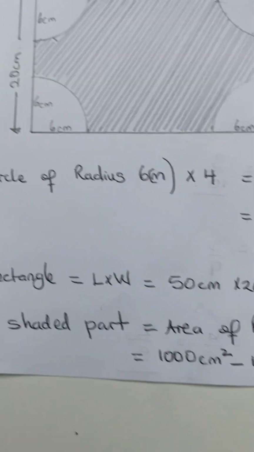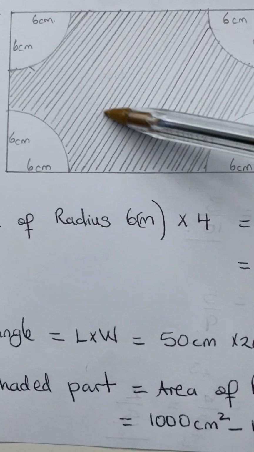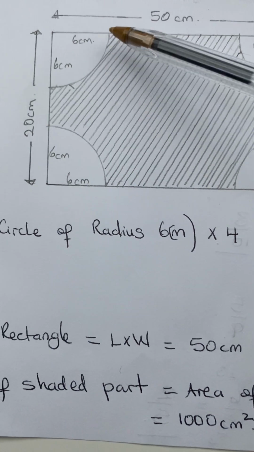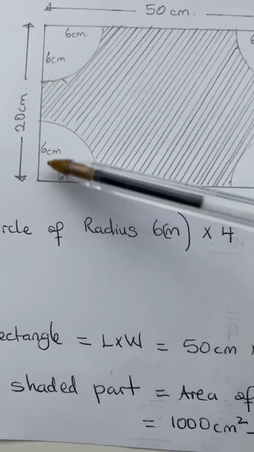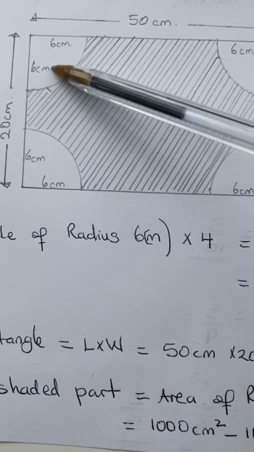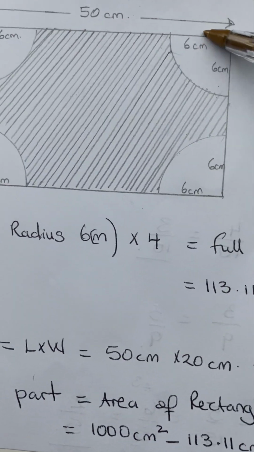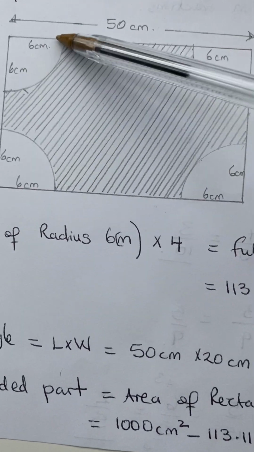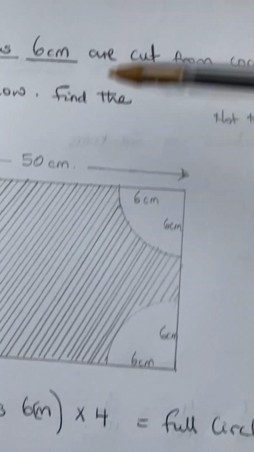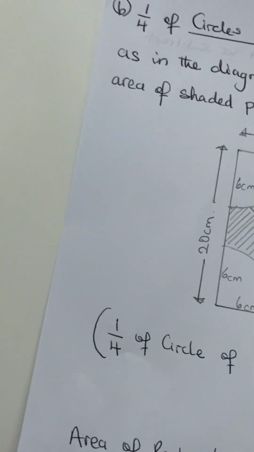Now, if I want the area of the shaded part, I have to subtract this quarter of a circle, which I said is equal to the full circle because you have 4 of them.